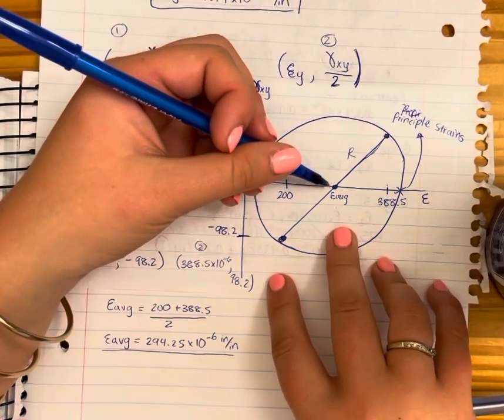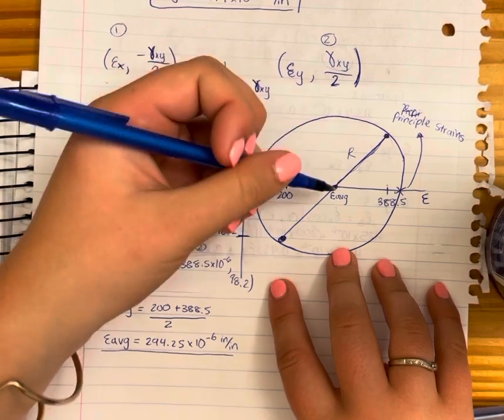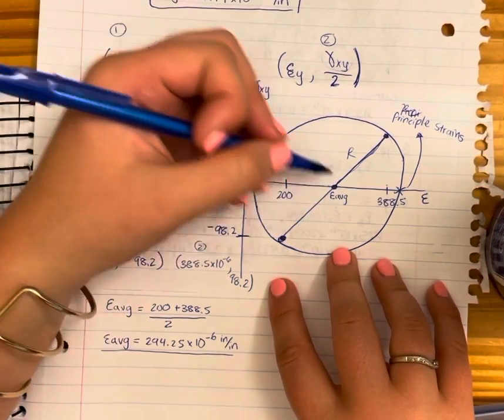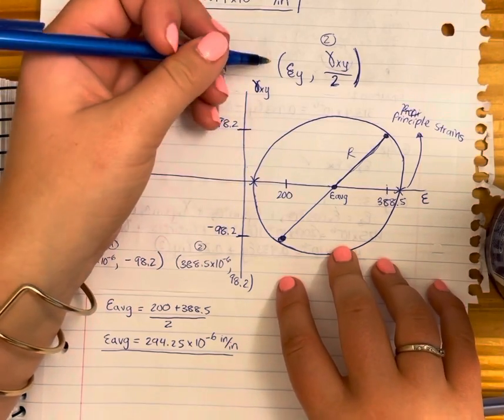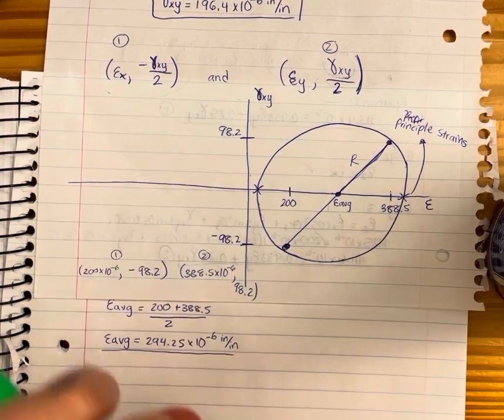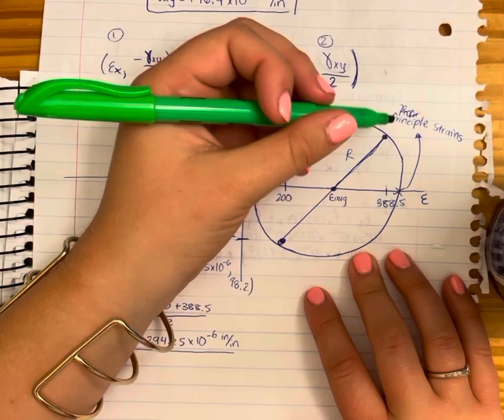To find the principal strains, we want to find what the radius is, and then either add the radius to the strain average or subtract it from the strain average. To find the radius, I am going to be using a green highlighter to show you. We can use Pythagorean's theorem by creating this triangle.